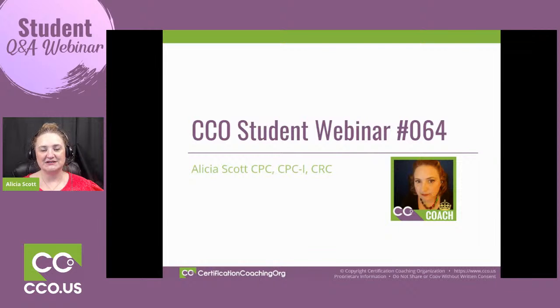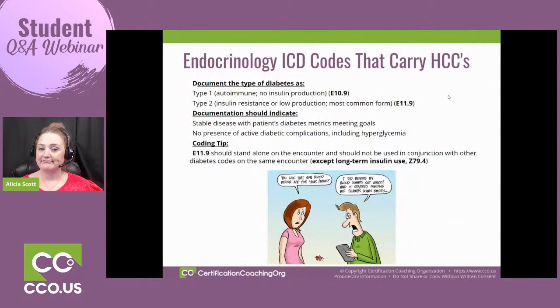Tonight, we're going to talk about endocrinology, and I think it's exciting to talk about risk adjustment. That's one of my favorite things to talk about. So I picked to start with, kind of in a student's focusing on specific specialties, and we're going to talk about some of the diagnoses that carry HCCs.